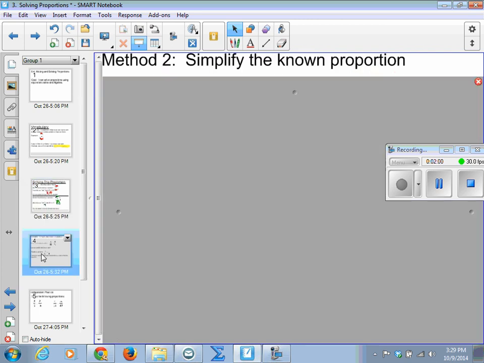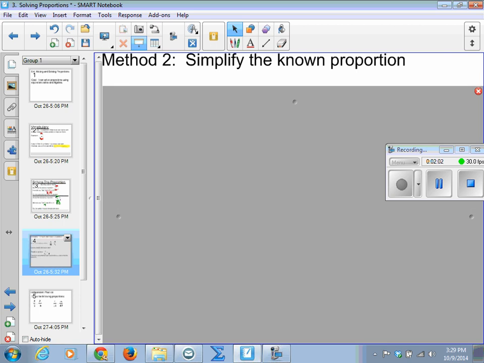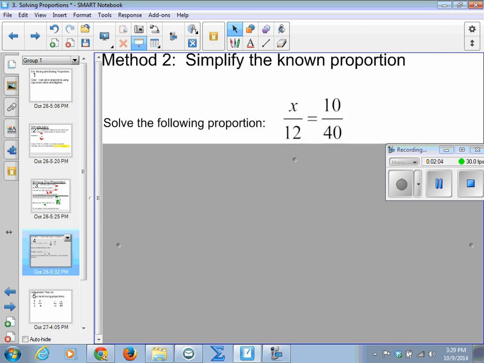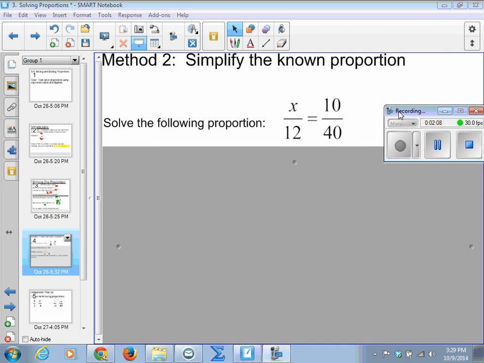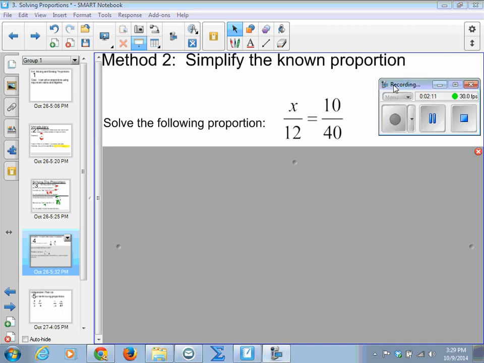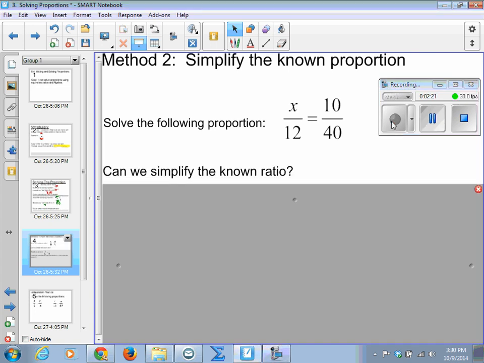Another way we can do it is by simplifying our known ratio. So if we've got x over 12 equals 10 over 40, when we look at 12 and 40, we don't have an easy way to get from one to the other. So what we can do, we simplify the known ratio.